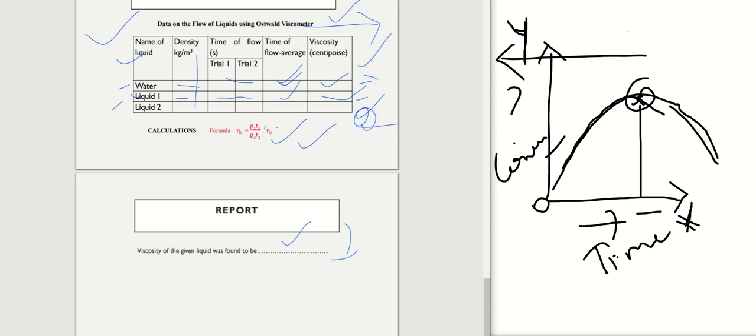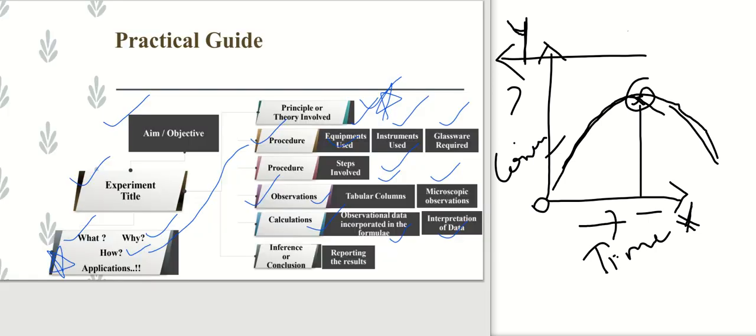Always make sure, if the experiment that you are asked to do requires a graphical presentation, we need to plot a graph for better understanding. For practicals, it is a must. And from the calculations or the observations, we need to infer or conclude the result, and then we need to report the result.